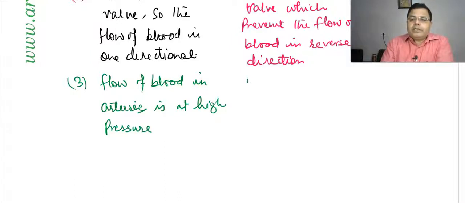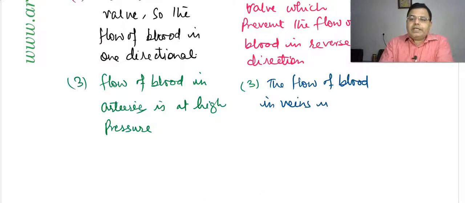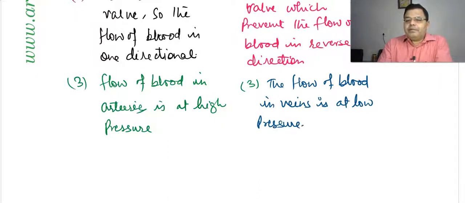The flow of blood in veins is at low pressure, and therefore valves are required to prevent blood from flowing in the reverse direction.